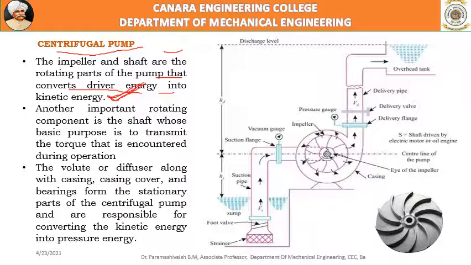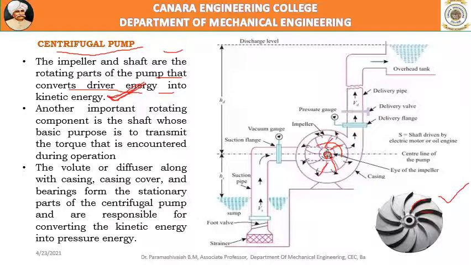Here you can see the impeller. This is an image of an impeller, which is the heart at the center, nothing but the heart of any pump. This is the shaft on which the impeller is mounted. The impeller consists of a series of blades or vanes like this, very similar to turbine blades.